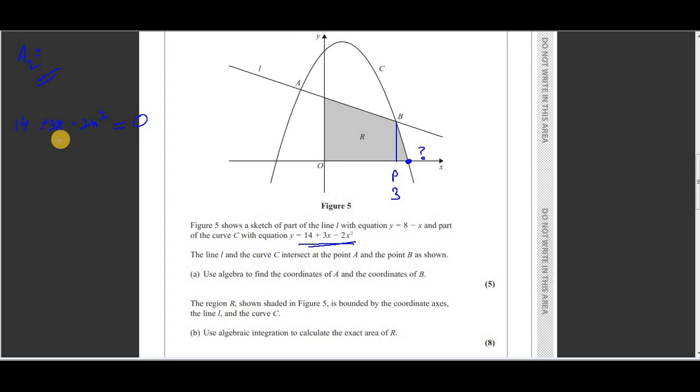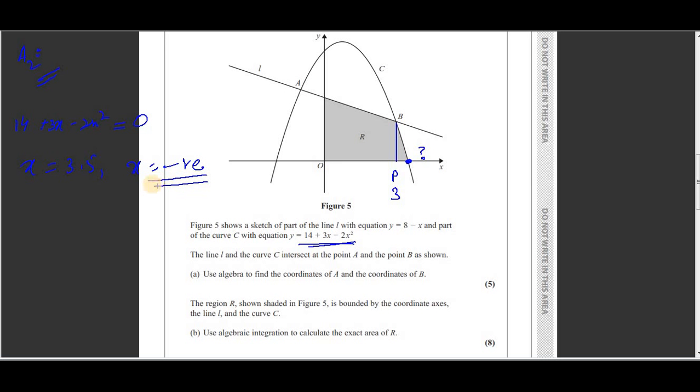And again, this is a quadratic equation. If you solve this, you have two values of x. x is equal to 3.5 and x is equal to some other number, which must be negative.